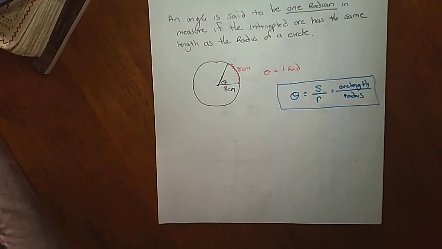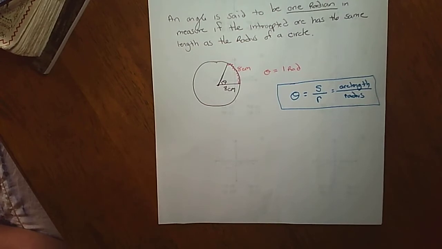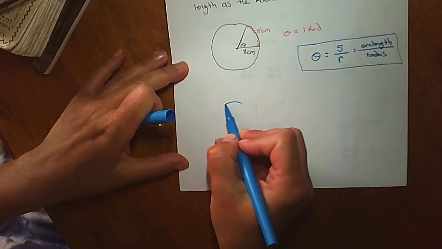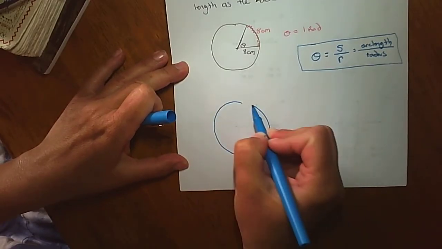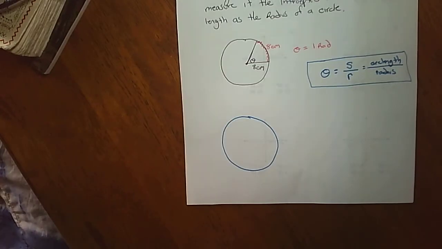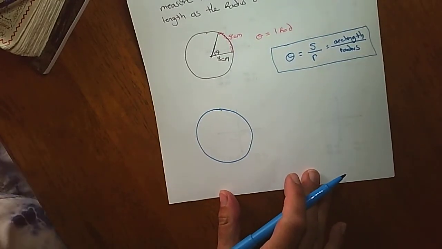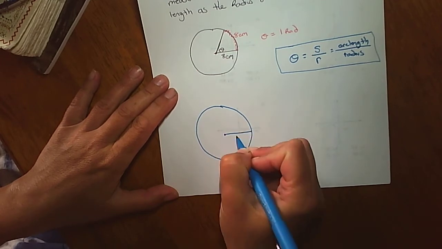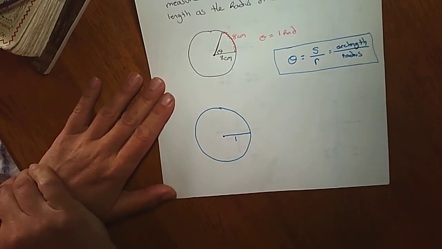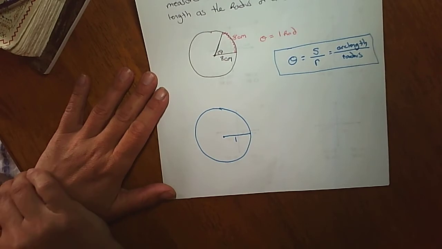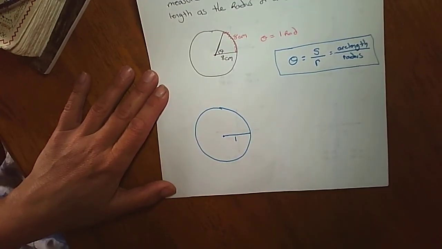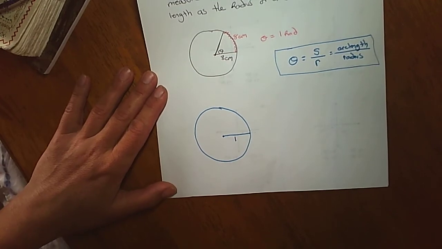So we're going to talk about how this has to do with angles and degrees. So let's talk about our good friend the unit circle. So let's take a circle. And what's special about the unit circle? How big is the radius? I hope you remember the radius on the unit circle is 1. All right. So what we want to do is figure out how many radians is 360 degrees.